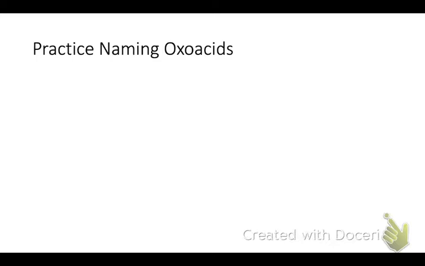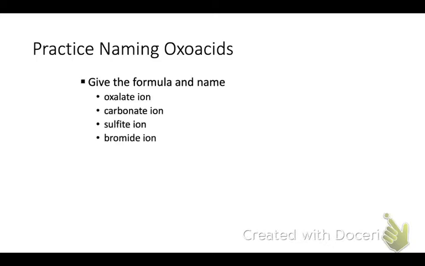Practice naming oxyacids. So give the formula and the name of the following anions, and then we can make acids out of them. So oxalate is made of C2O4 -2. If you want to make an acid, it will be H2C2O4.